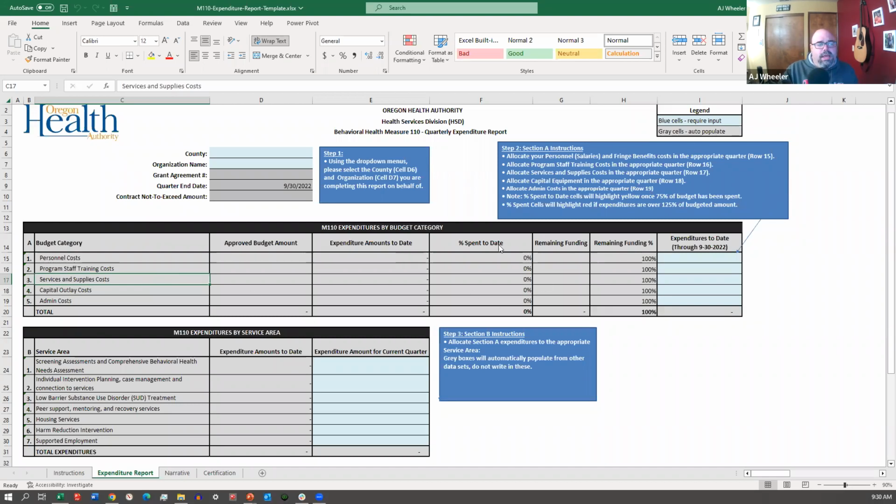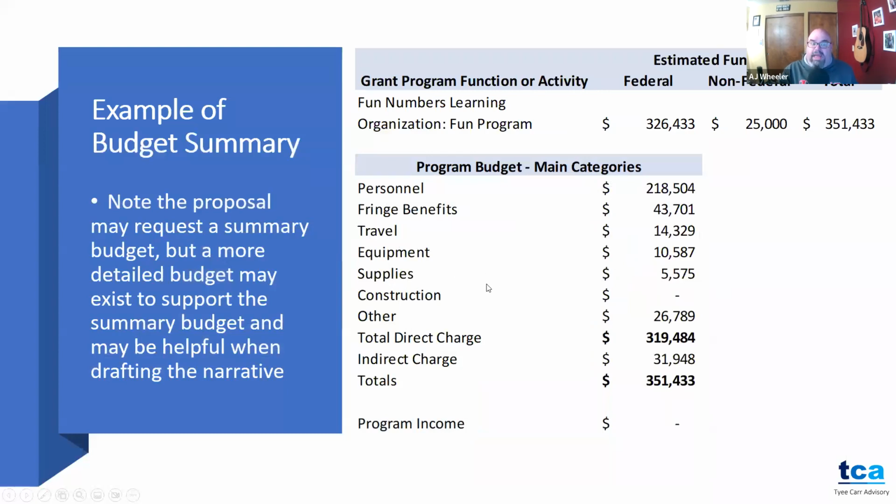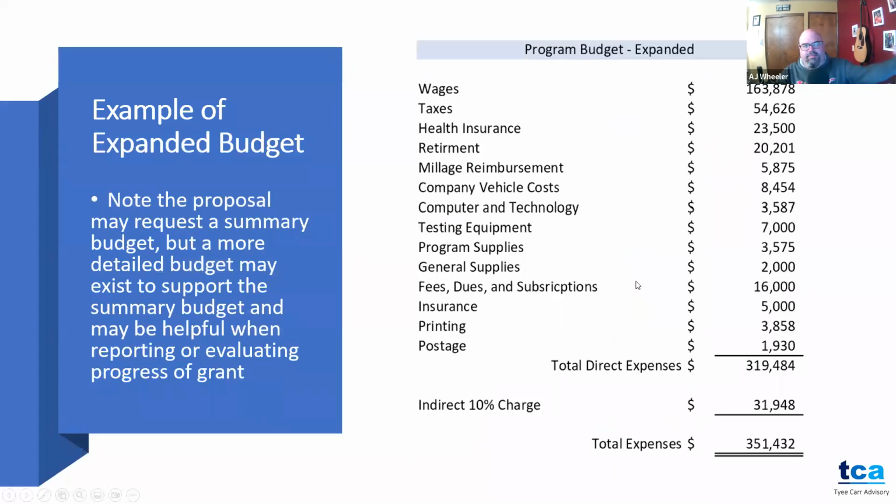So in this situation, in my example, you're showing where the funding comes from, but I really want to focus in on the program budget's main categories or summary portions. If we look at the program budget expanded, the wages and taxes relate to salaries and related in the previous slide. Health insurance and retirement is the fringe portion.